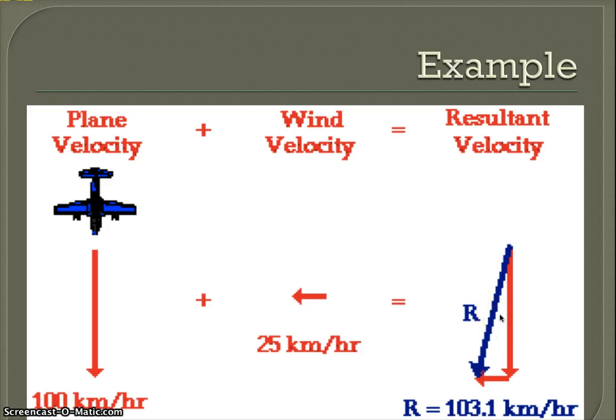So this airplane, from the perspective of an observer on the ground, or relative to the ground, is now flying at 103.1 kilometers per hour at, let's just say, 15 degrees west of south, sorry. There's a south axis, and that is our reference axis. This is what we compare our direction to. So this angle here is just 15 degrees. You see how this is to the west of the south, right?